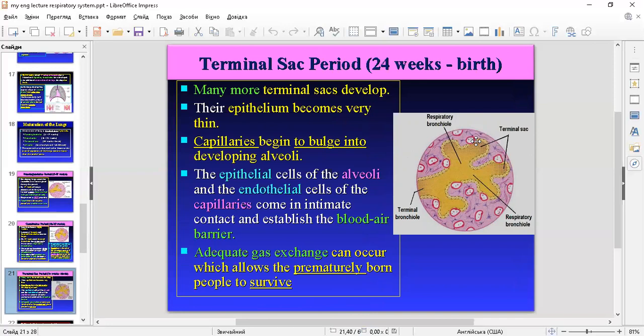The epithelial cells of the alveoli and the endothelial cells of the capillaries come into intimate contact and establish the blood-air barrier. Adequate gas exchange can occur, which allows prematurely born people to survive.